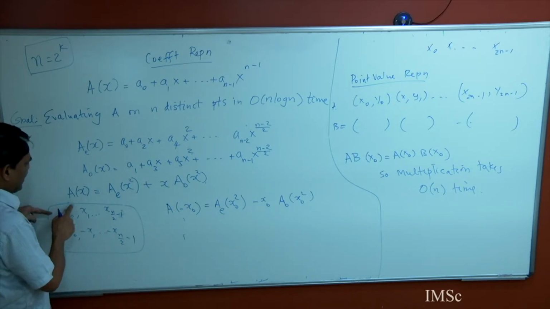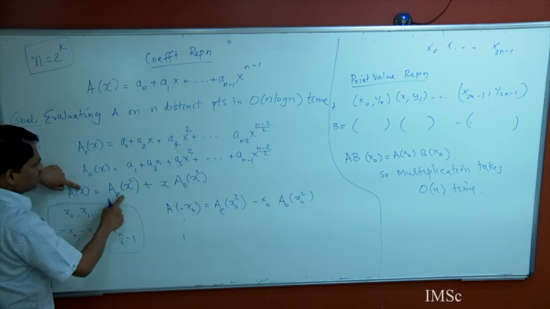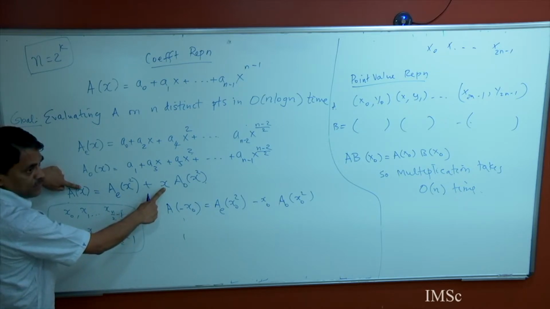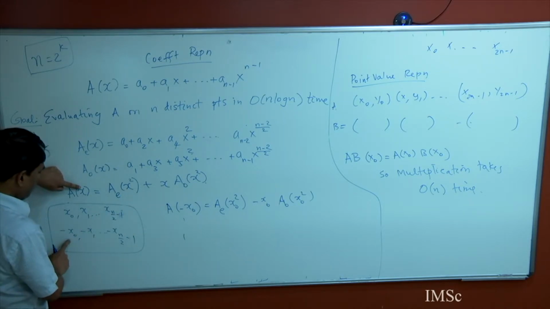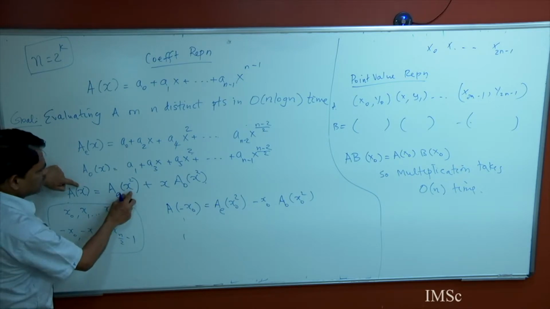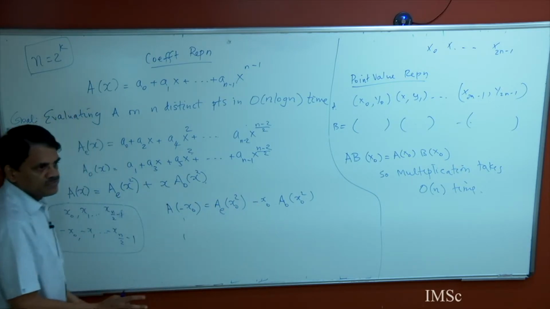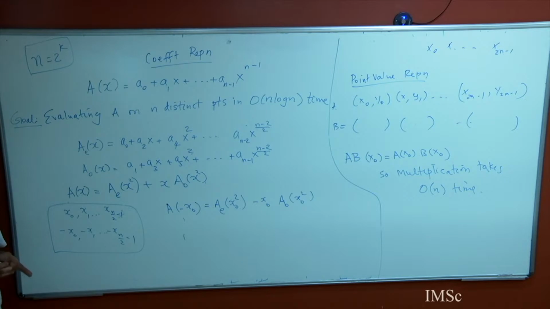Whenever I want to evaluate A at these points, take the square values; the difference is here, I do a plus. Whenever I want to evaluate at these other points, I take the square values and put a minus. So, that is linear time work. For each one, I am just plugging in a value from here, multiplying by x and adding it.